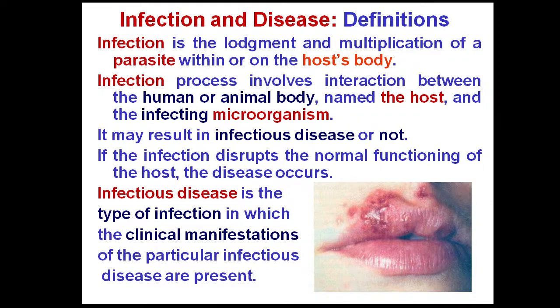But you should understand that infection as a result of the infectious process may or may not result in infectious disease, right? When a normal, not highly pathogenic microbe lives as a parasite in our body, most probably it won't result in infectious disease.